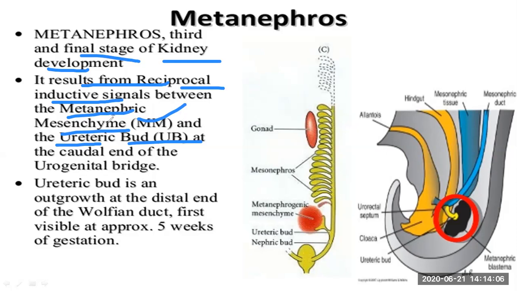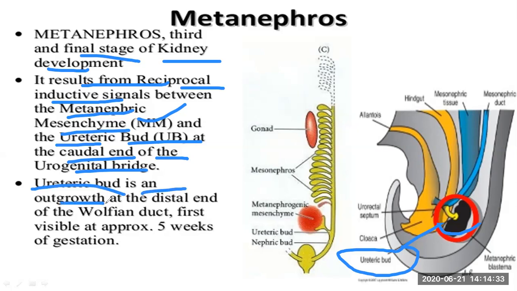So these are the metanephric mesenchyme as well as the ureteric bud. Here you can see with the help of the figure. This is the ureteric bud at the caudal end of the urogenital ridge. This will be responsible for the formation of the metanephric kidney, and the urogenital ridge helps in the formation of such a metanephric kidney.